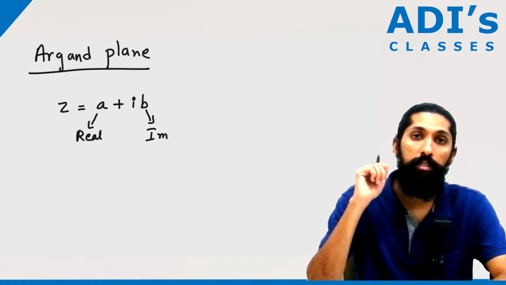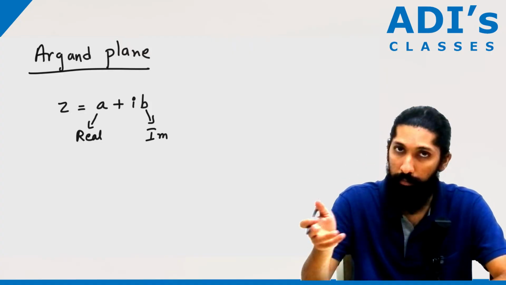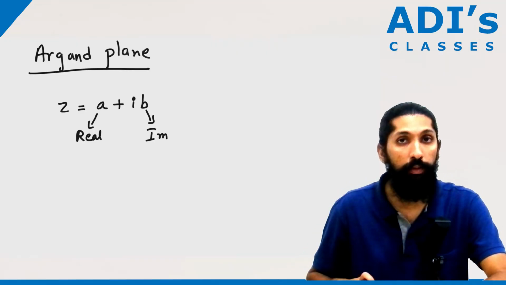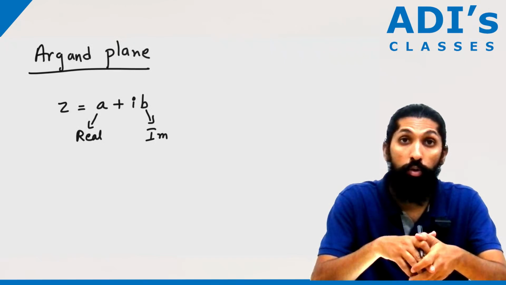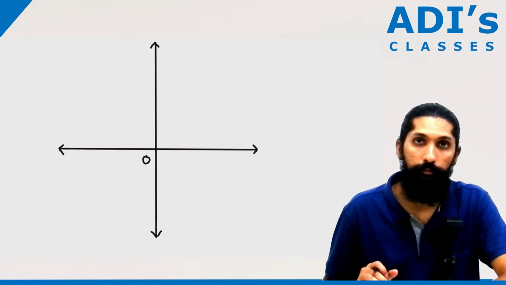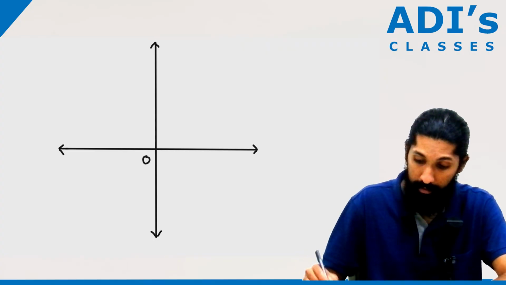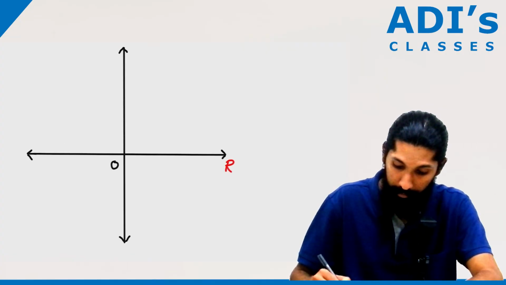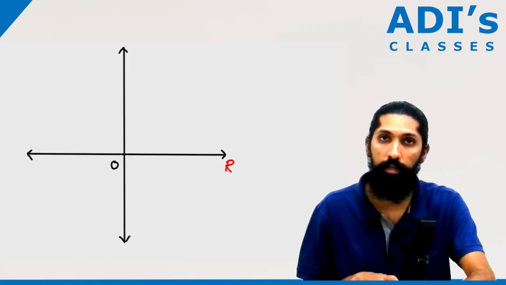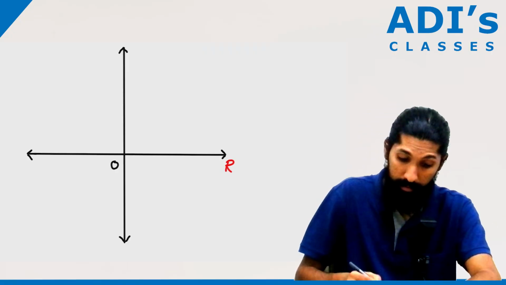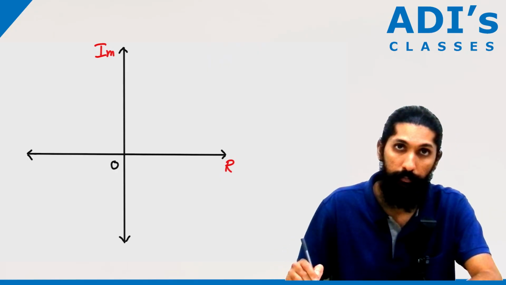Now in this case, suppose I have to represent a value, let's say 2 plus 3i. We take the normal xy axis. Look at this graph. Along the x-axis we are going to have the real numbers. All real numbers we represent along the x-axis, and along the y-axis you are going to represent all the imaginary numbers.